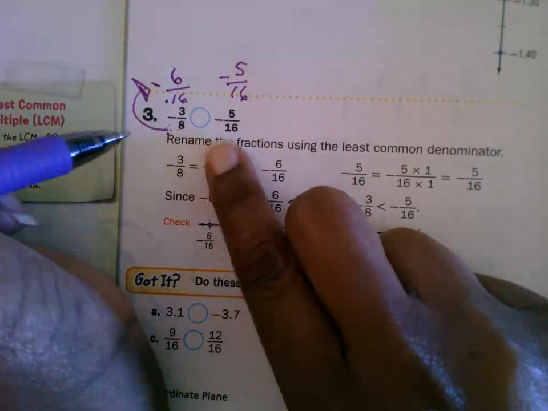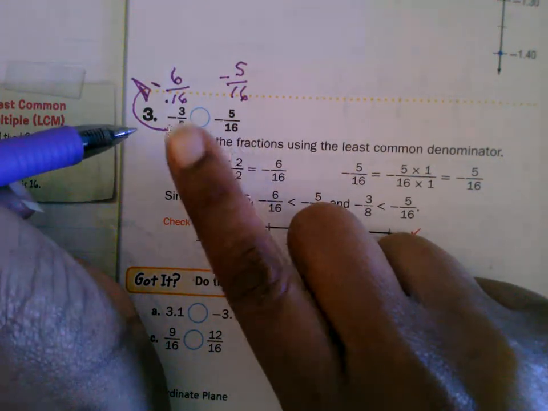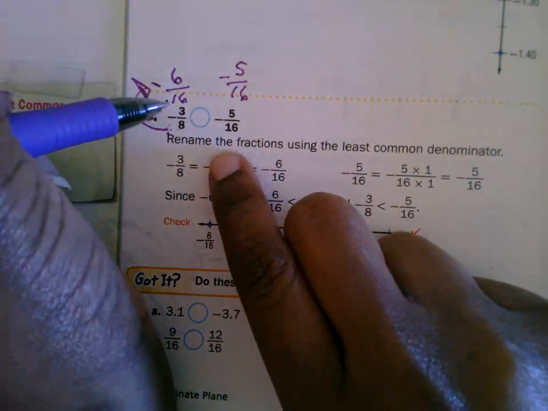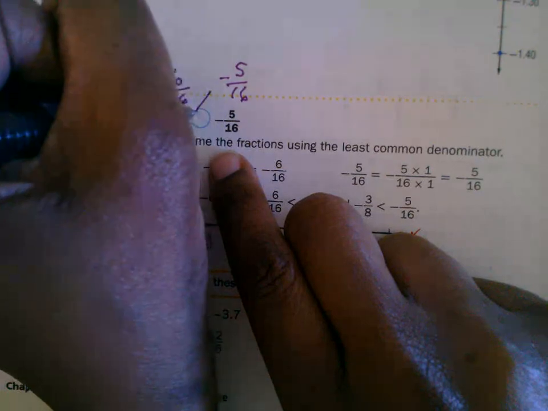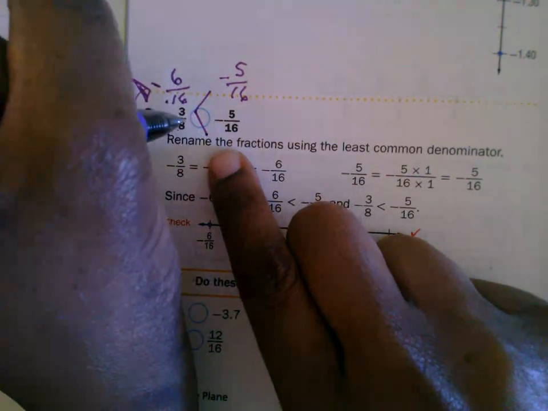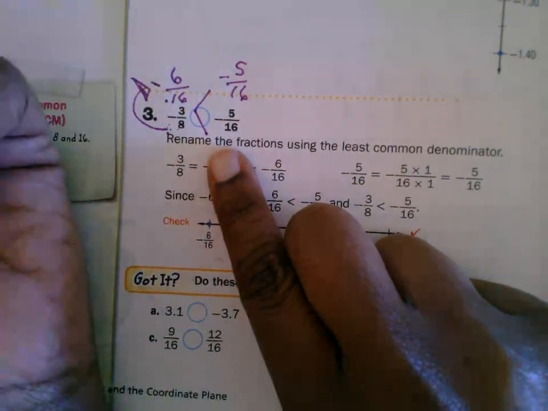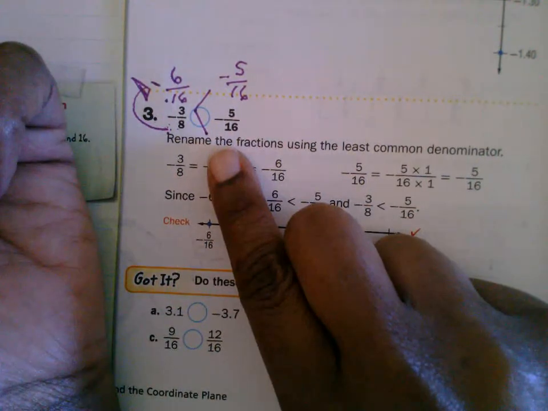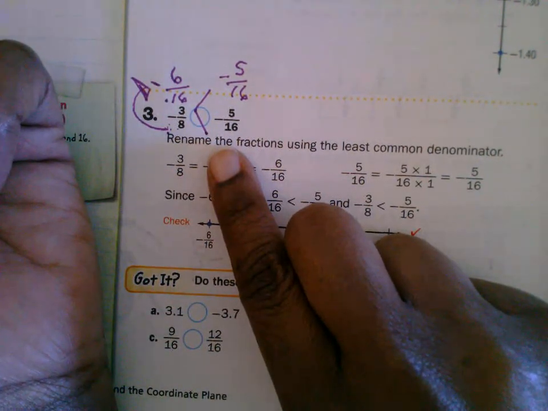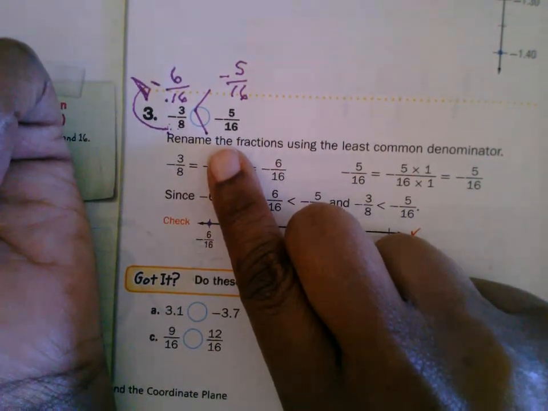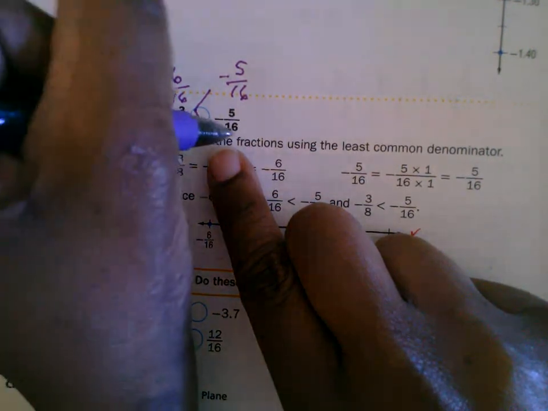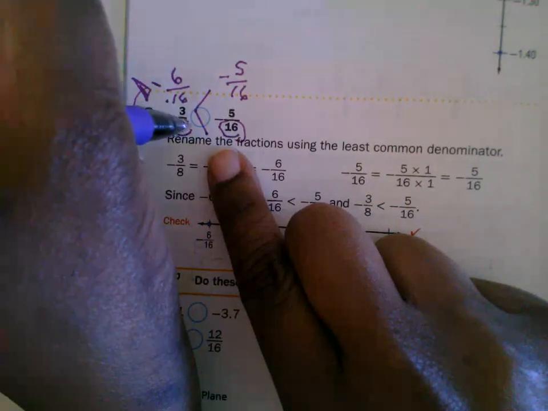And then I would rather owe 5/16 than 6/16. I'd rather owe nothing. Yeah, you multiply to get the denominators the same.